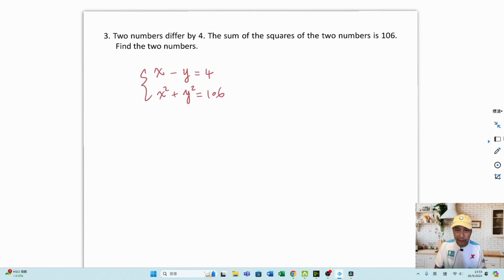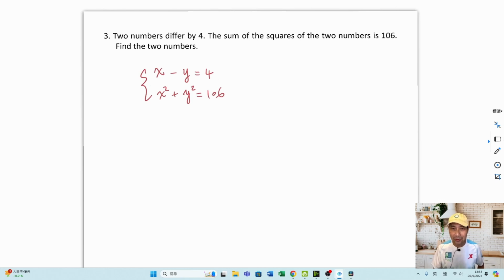Solve the system of equations, and then you can get the answer. I think this set of equations is quite right. Actually, you can get the right answer by using the system of equations. However, you haven't learned how to solve this type of equations. I think you will learn it in the second term of Form 4.